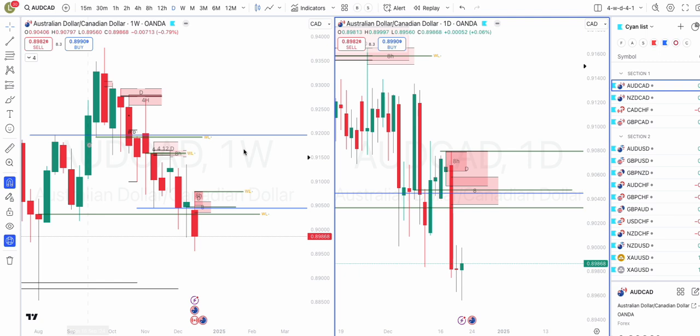So we'll see the chart, we'll try to make sense of it and see if we can catch something, right? So that's it in terms of news and currency trend. So let's go to the first important one, which is AUDCAD or majorly NZD.